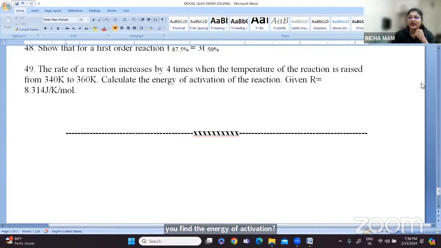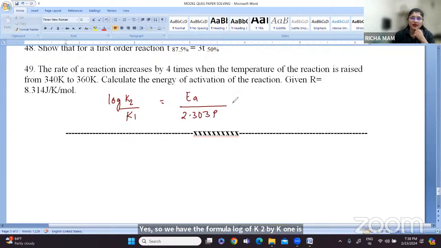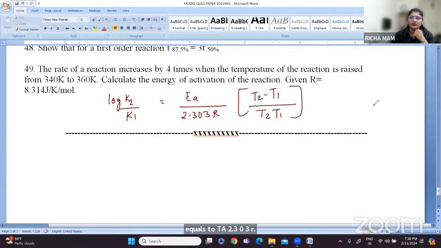Yes, so we have the formula log of K2 by K1 is equal to Ea by 2.303 R into (T2 minus T1) by T1 T2. Sorry, again I will interchange. So T1 T2.